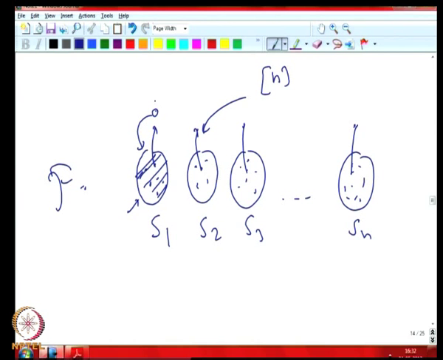So for instance, these are people who can speak English, these are people who can speak Hindi, these are people who can speak another language, Tamil and so on.